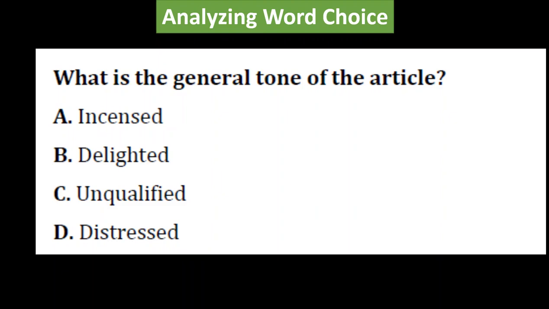What is his attitude towards a certain topic or issue that is being discussed in the passage? So according to what you have read, can you decide on the tone of the writer? Was he incensed, delighted, unqualified, or distressed? Again, it's the text that gives us the answer.